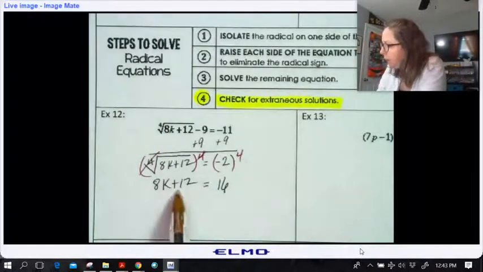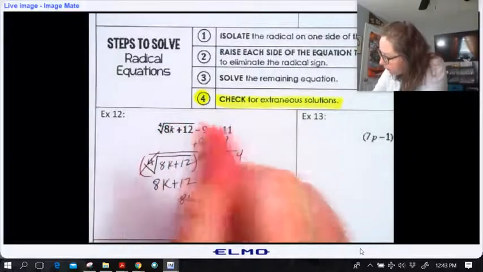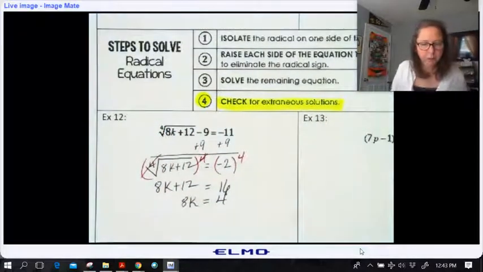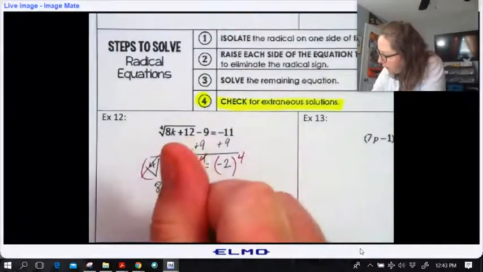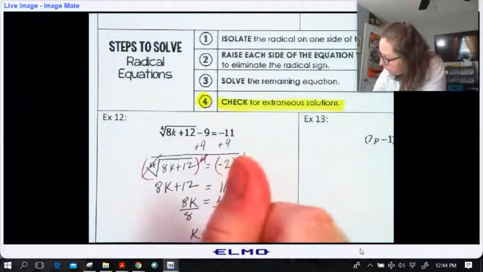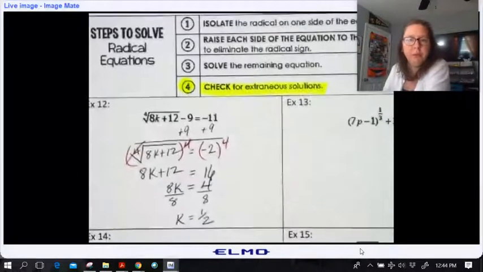All right, let's subtract our 12 from both sides, and then divide both sides by 8, and I get 1/2. So k equals 1/2, which seems perfectly legit.